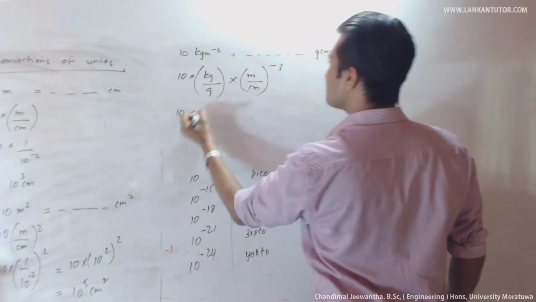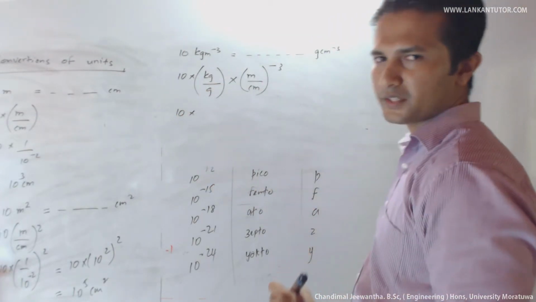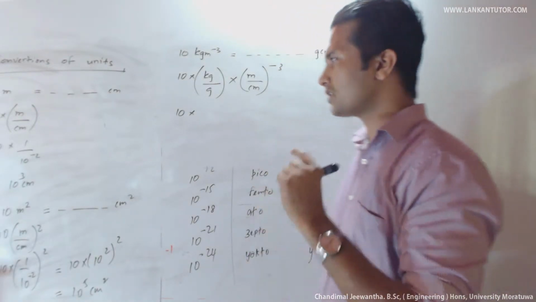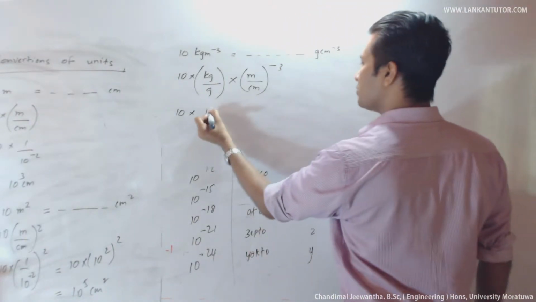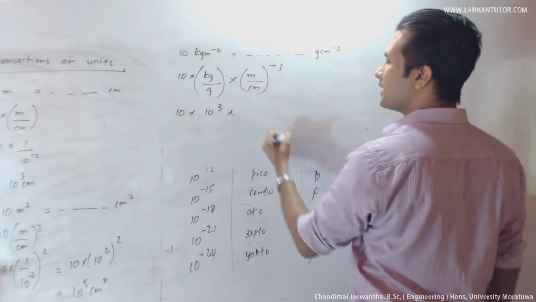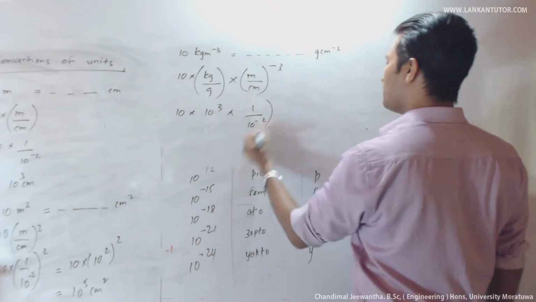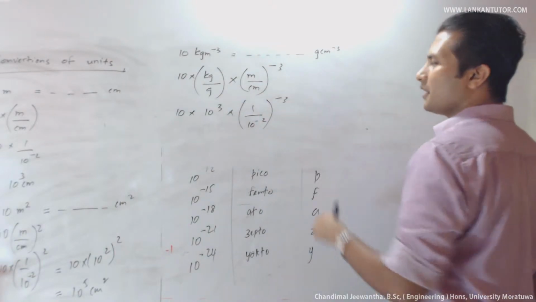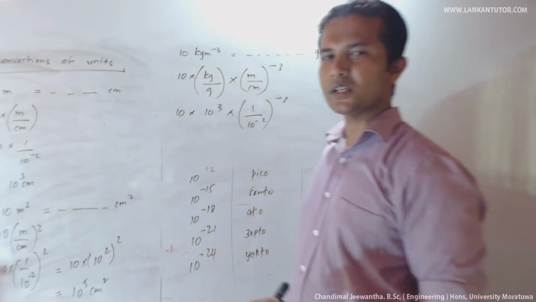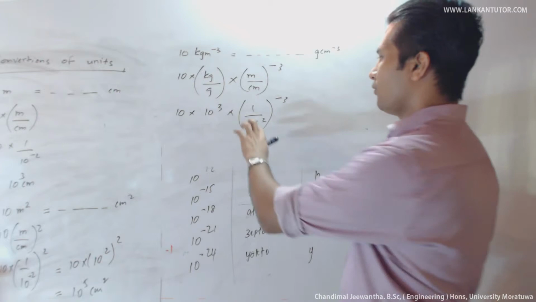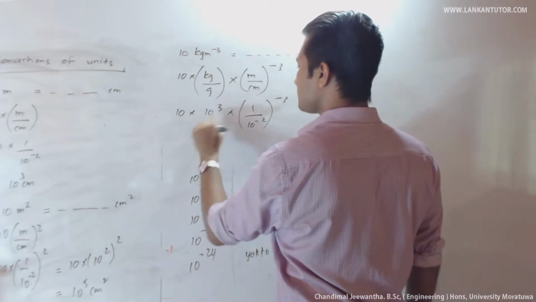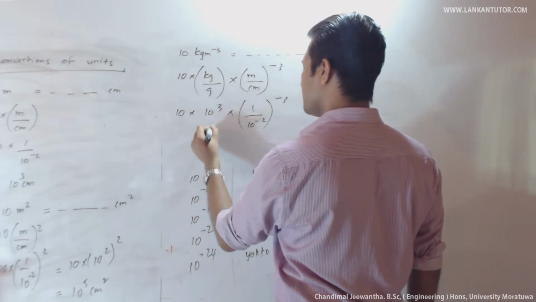This is 10, gram cancel off, simple k means 10 to the power 3, meter cancel, 1 over centi means 10 to the power minus 2, and there should be minus 3 as well. When this goes up, this is altogether 10 to the power 4.